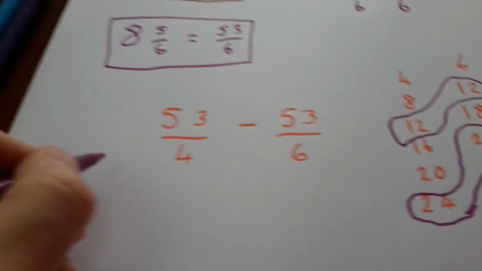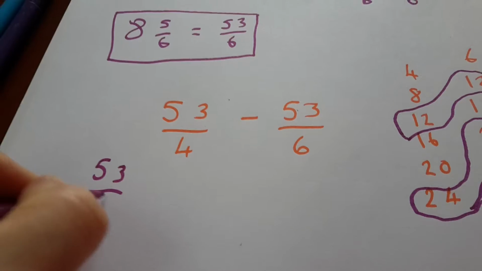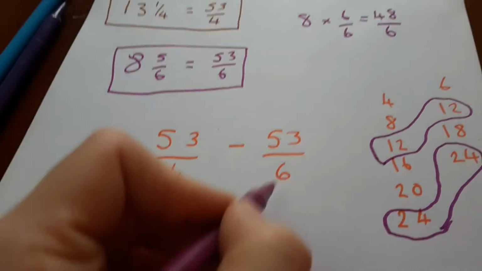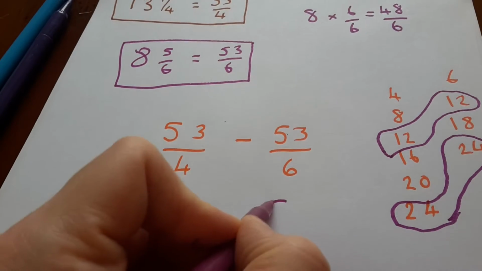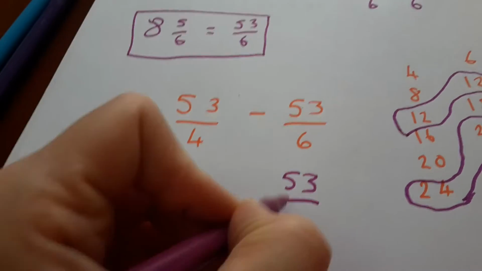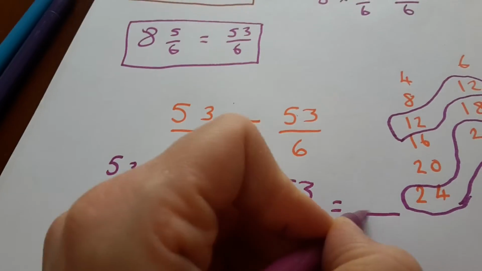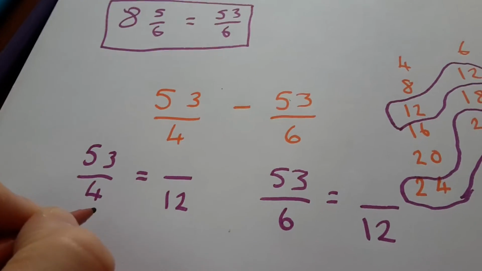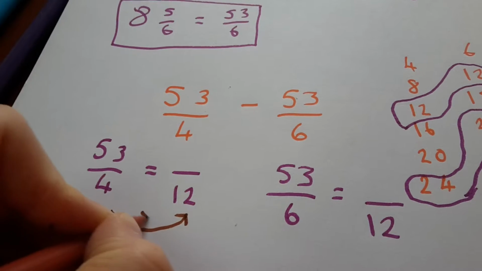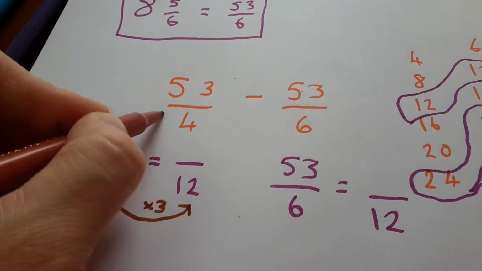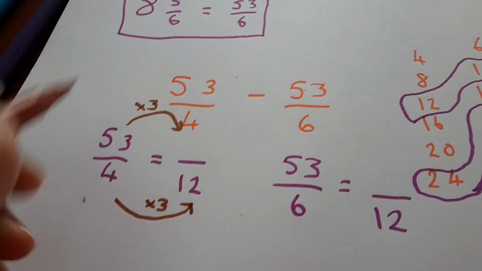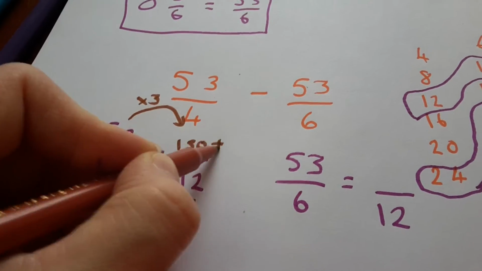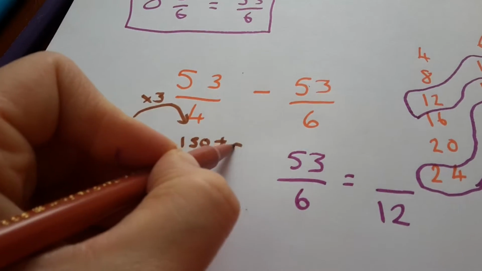So I'm going to rewrite my 53 over 4 into twelfths, and I'm also going to write my other 53 over 6 as twelfths as well. So to get from 4 to 12, I'm going to times by 3. So I'm going to have to times this number by 3 as well. So 3 times 50 is 150, plus 3 times 3, which is 9.